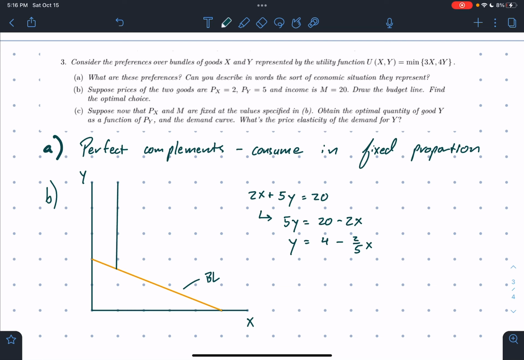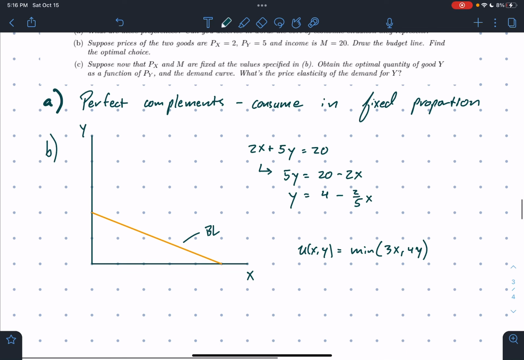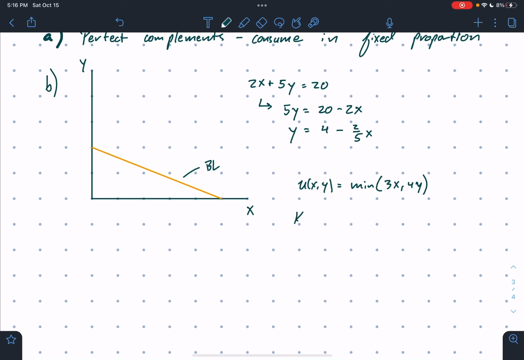I'm going to more carefully plot this. So the utility of x and y is the min of 3x and 4y. The kink of this utility function occurs at the point where 3x is equal to 4y. We'll see why in a bit.